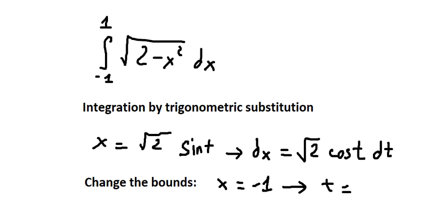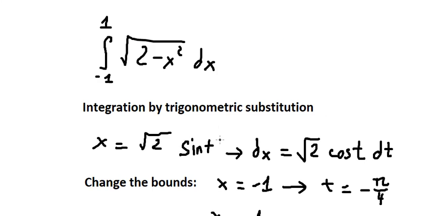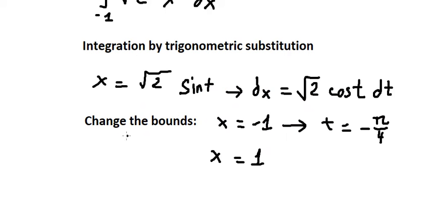That is negative pi over 4. When x equals 1, we put 1 in here, so we can find the value of t. That is pi over 4.